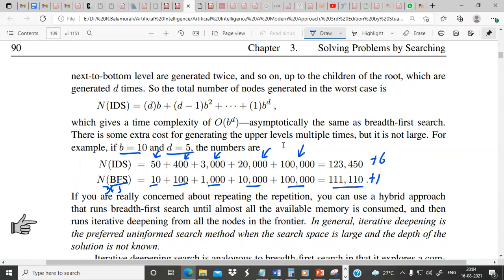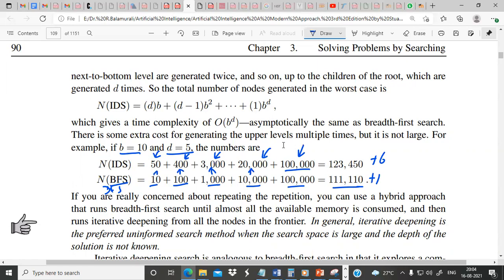Now this is the same for both BFS and IDS, because in IDS also these nodes will be accessed only once. But these nodes will be accessed twice, so it becomes 10,000 into 2, 20,000. These nodes will be accessed thrice, so 1,000 into 3, 3,000. These nodes will be accessed 4 times, so 100 into 4, 400.